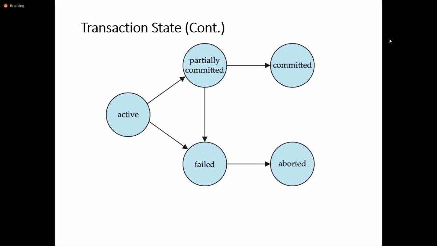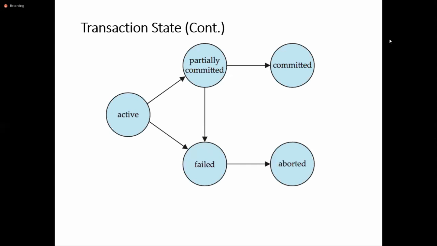At this point, the transaction has completed its execution, but it is still possible that it may have to be aborted. If you execute the last statement but some failure, like a software failure, happens, then you can abort that transaction.